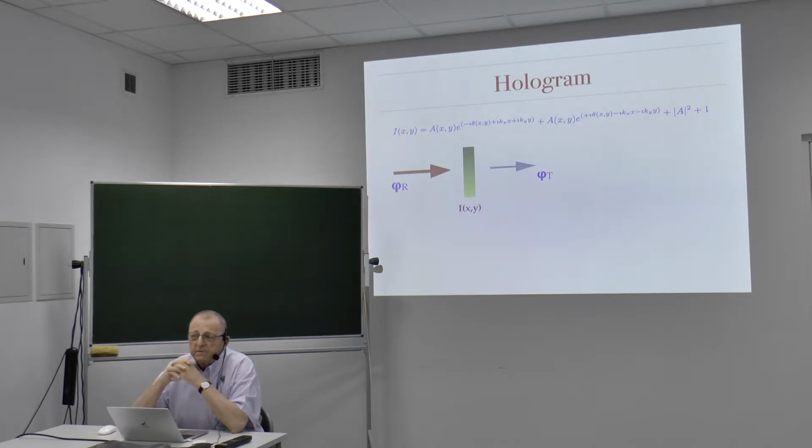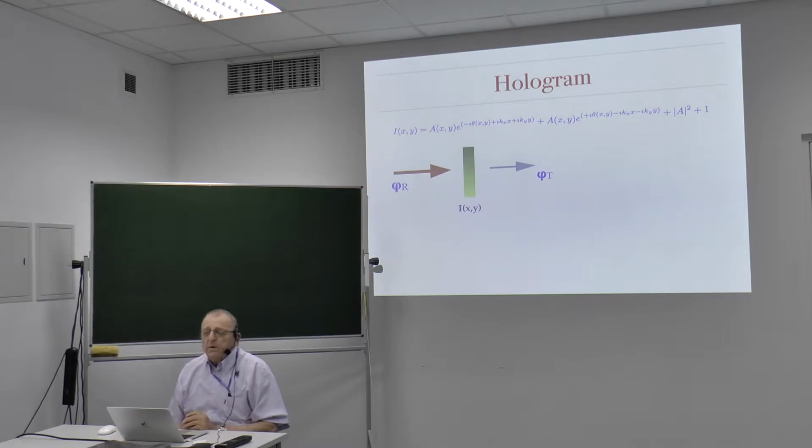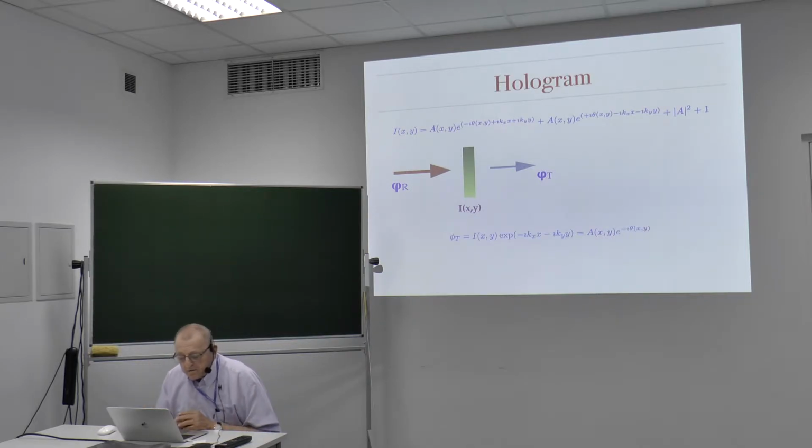It is a very simple algebra of complex numbers. So there is an incoming reference beam, there is my plate with the encoded information I, and then there is a transmitted beam. That is a very simple calculation to show that the beam which comes out is essentially the same as the one which has been scattered from the object.